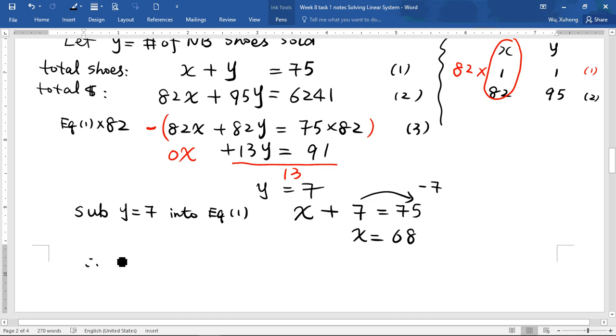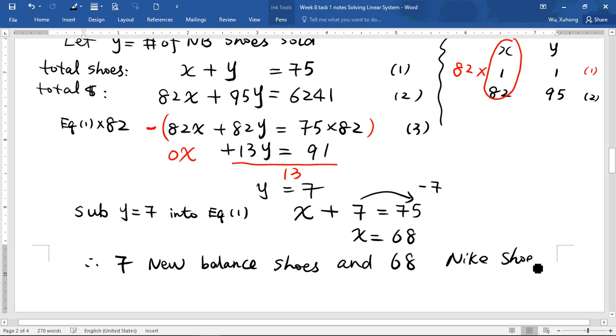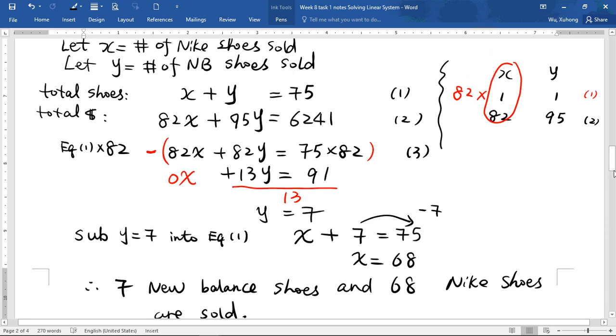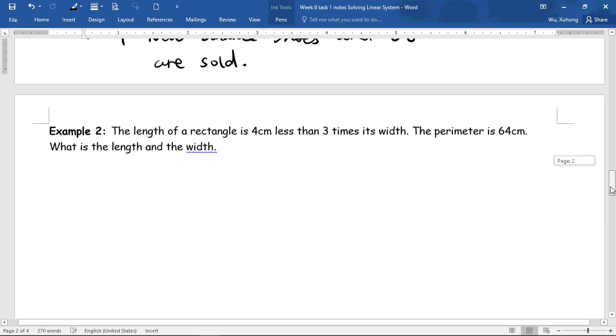Therefore, we have 7 New Balance shoes and 68 Nike shoes are sold. Then it's done. Okay. This is how you do that question, and we're going to see the next one.